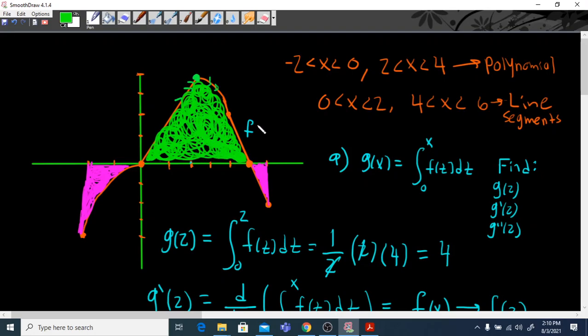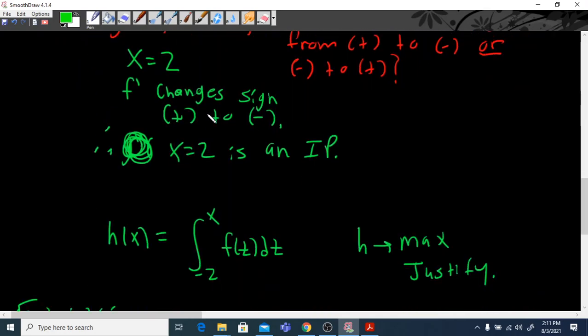Okay, so basically, 6 will not be a maximum because this is a negative accumulation. And this is going to subtract from the green positive accumulation that we have here.